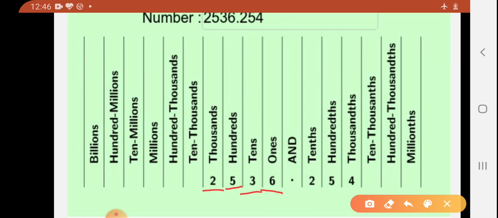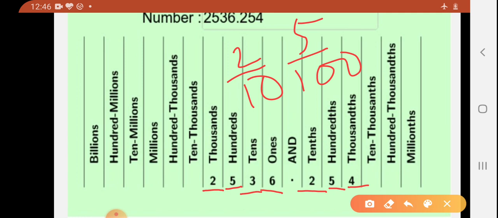After the decimal, 2 is in the tenths place, 5 is the hundredths place, and 4 is the thousandths place. We can write these as 2 upon 10, 5 upon 100, and 4 upon 1000. And after that ten-thousandths, hundred-thousandths, and so on.